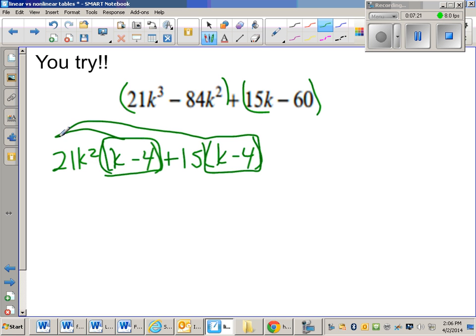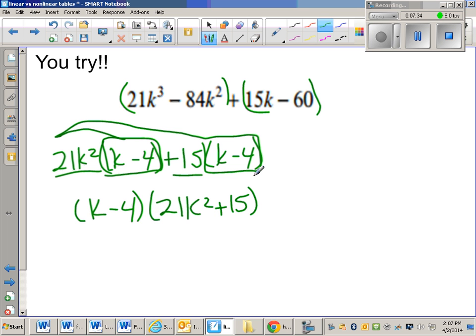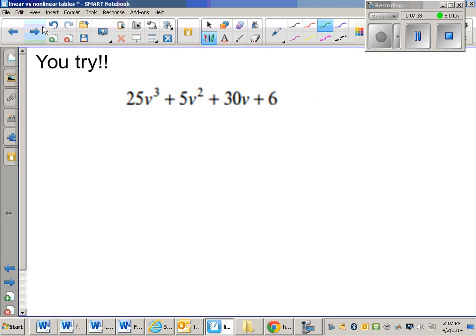Pull those out. So I have k minus 4 times what's left, which is 21k squared plus 15. All right, you could use the area model to check it. You don't have to. We're going to do one more where I want you to try it. So go ahead and pause the video. Try it, and then we'll go over it.